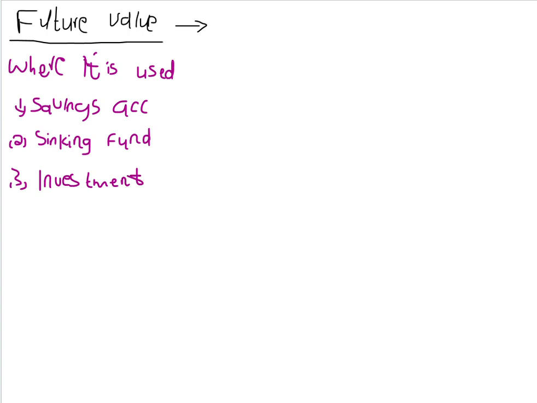The formula for future value says that F, you can say F or FV, is equal to X. You open the square bracket and it's 1 plus the interest rate to the power of n minus 1, everything divided by i.